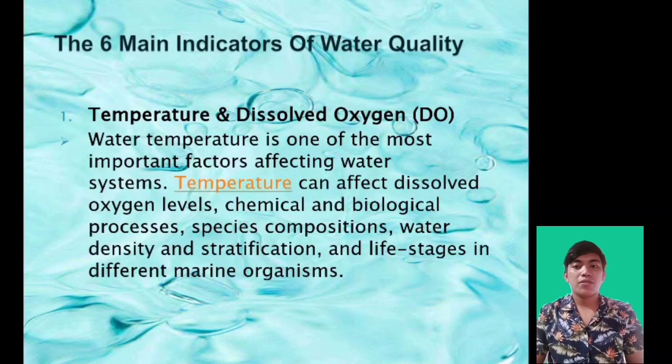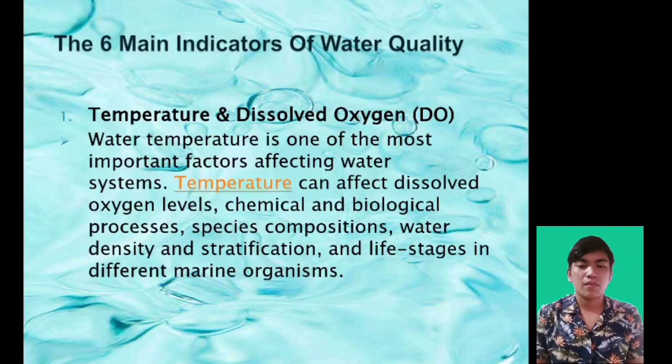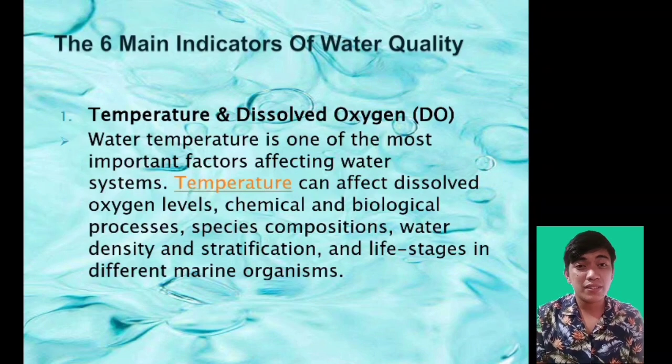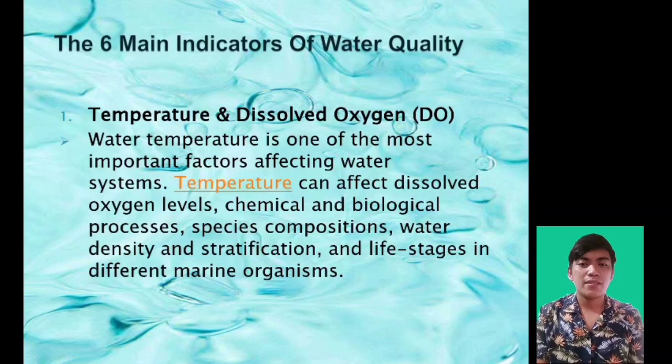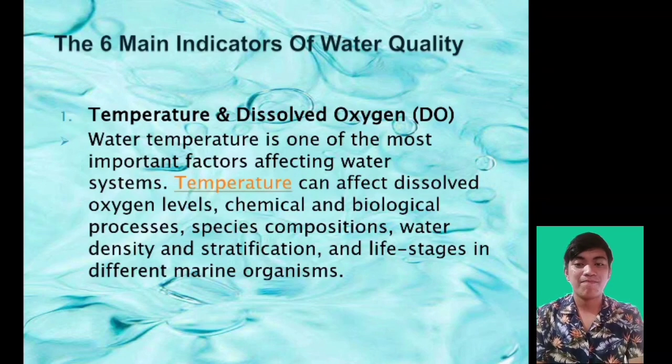Number one is temperature and dissolved oxygen. Water temperature is one of the most important factors affecting water systems. Temperature can affect dissolved oxygen levels, chemical and biological processes, species compositions, water density and transmission, stratification, and life stages in different marine organisms.